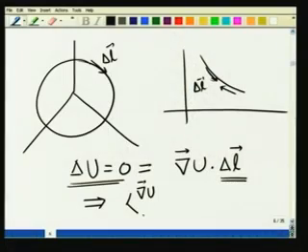And this implies that the angle between gradient of u and delta L along the constant energy surface of the contour is equal to 90 degrees.